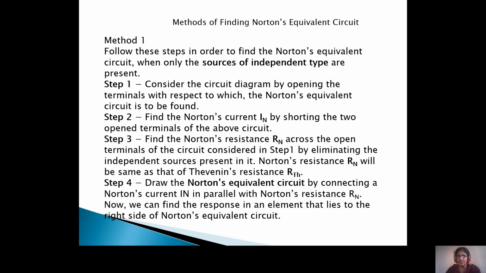Find Norton's resistance RN across the terminals considered in step 1 by eliminating the independent sources present in it. Norton's resistance RN will be the same as Thevenin's resistance RTH.